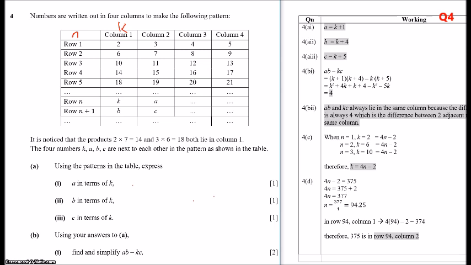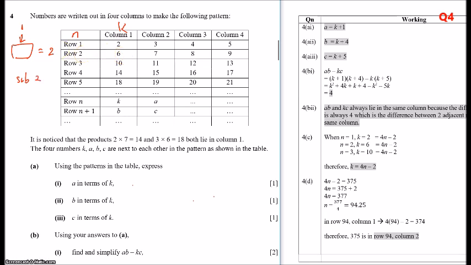So I need some sort of formula. Okay, some formula. When I sub in N, I'm going to get 2. In fact, to be even clearer, in order to get 2, I need to sub 1. And in order to get 6, I need to sub 2.